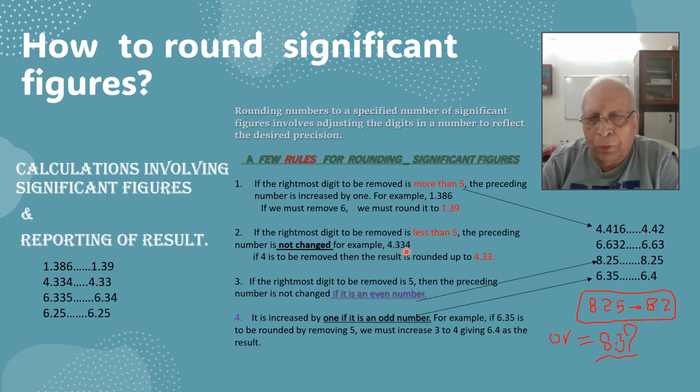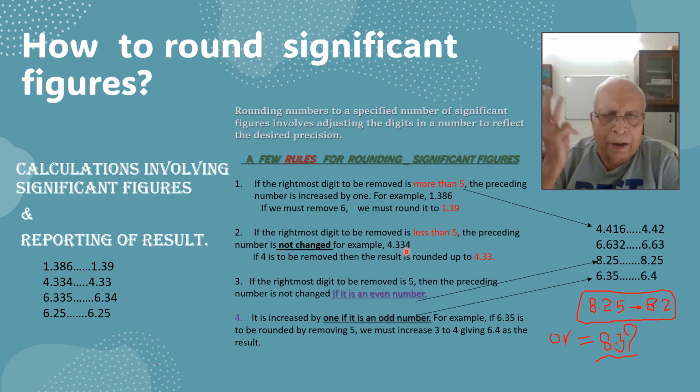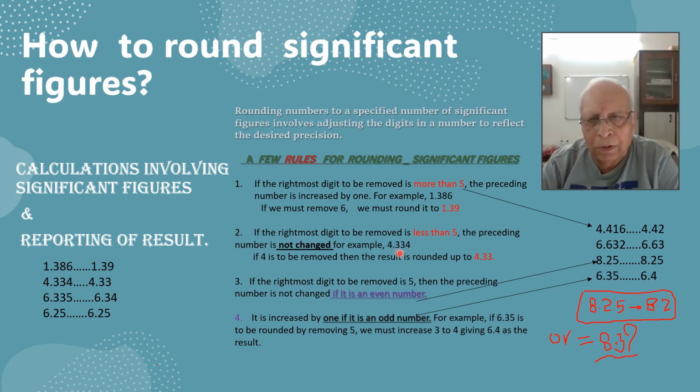For example, it is 4.4334. 4 digits are there, and we have to limit it to 3 digits. How will this be done? Without changing the preceding digit and removing the last digit. So 4.334 would become 4.33.